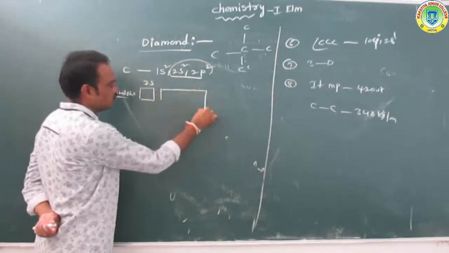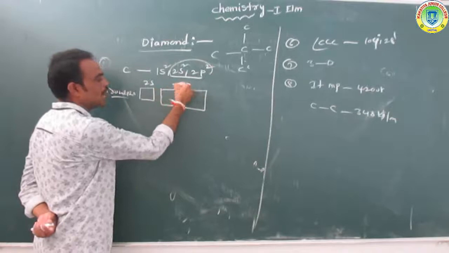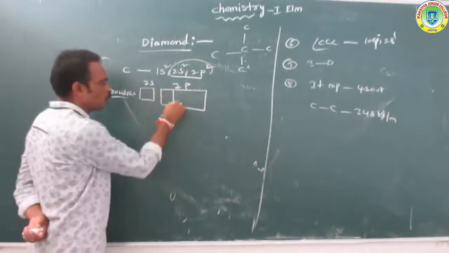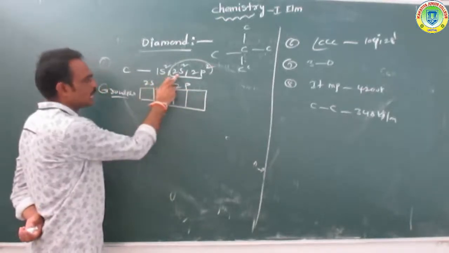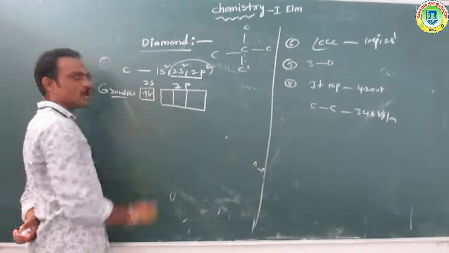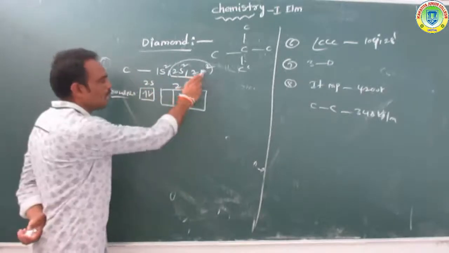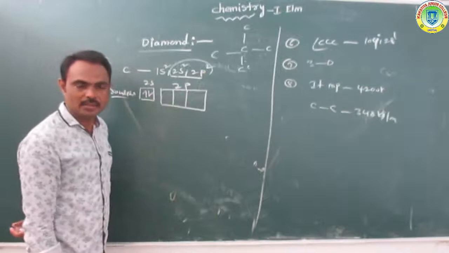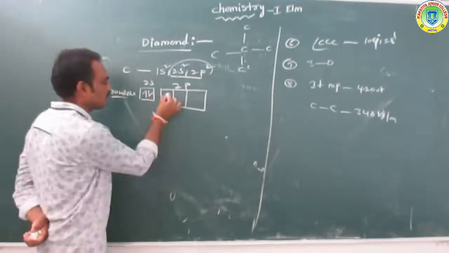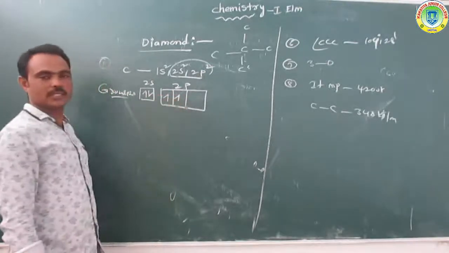Next, the 2p orbital. The 2s orbital contains 2 electrons. The 2p orbital contains how many electrons? 2 single electrons.